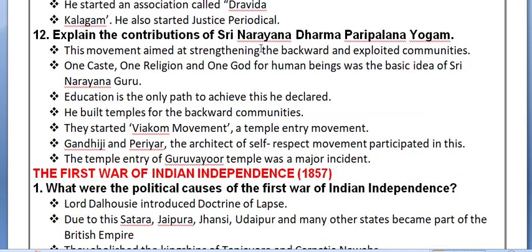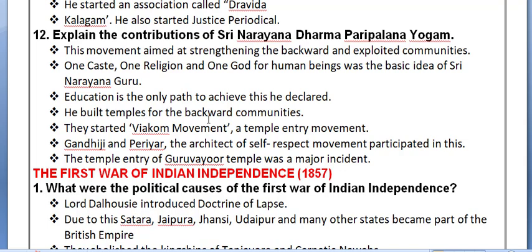Next question. Explain the contributions of Sri Narayana Dharma Paripalana Yogam. This movement aimed at strengthening the backward and exploited communities. One caste, one religion and one God for human beings was the basic idea of Sri Narayana Guru.